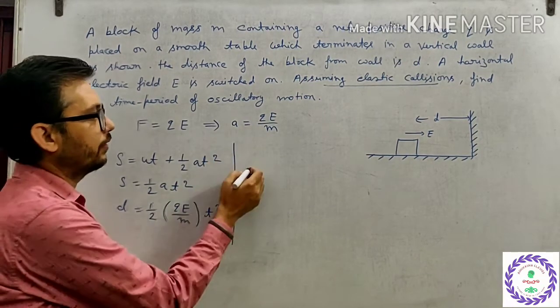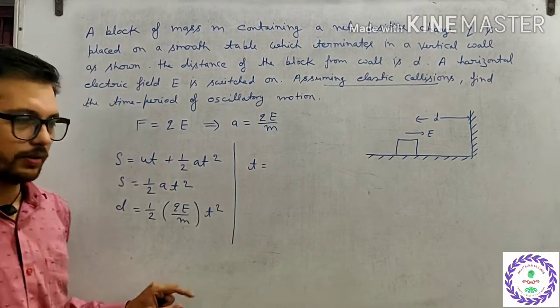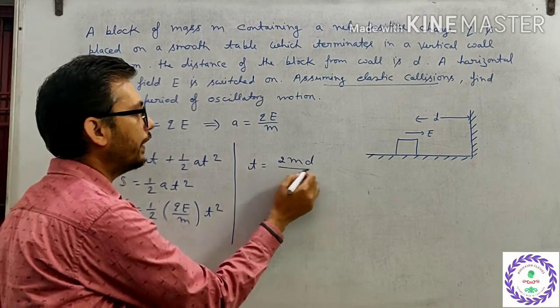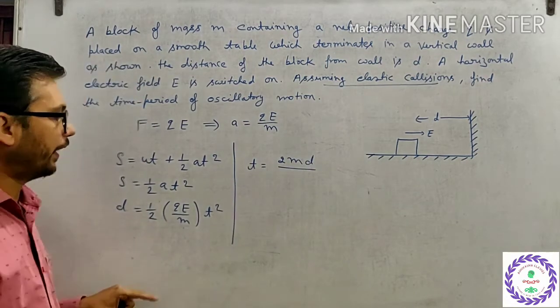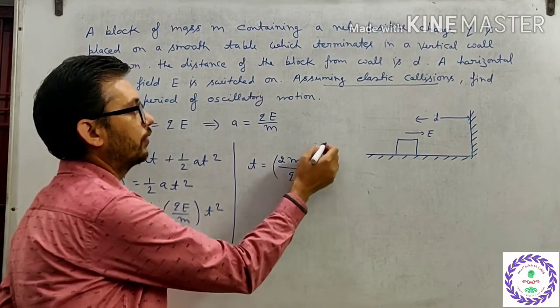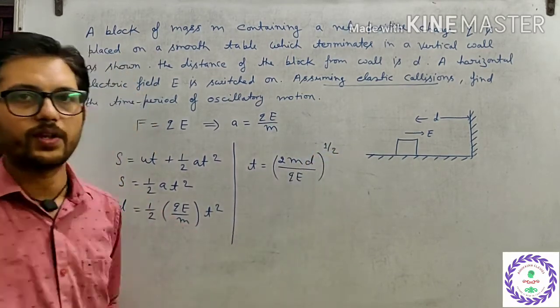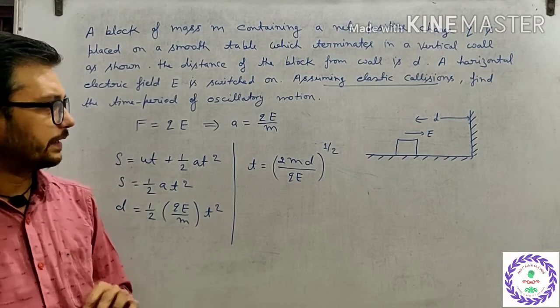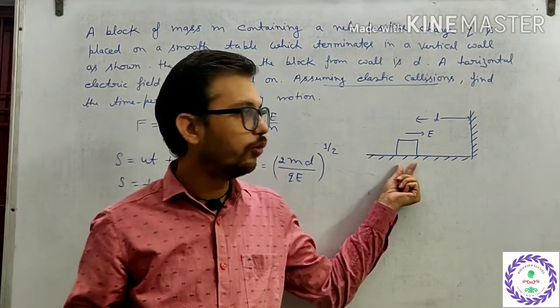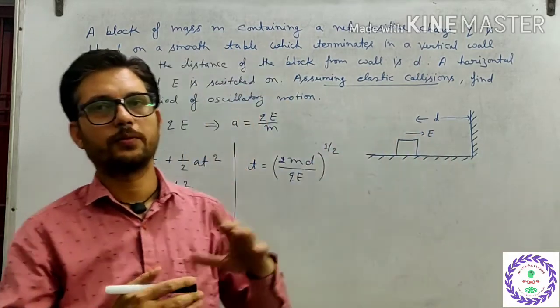So we get t equals (2md divided by QE) whole power 1 by 2. This is the time in which this block moves and collides with the wall.